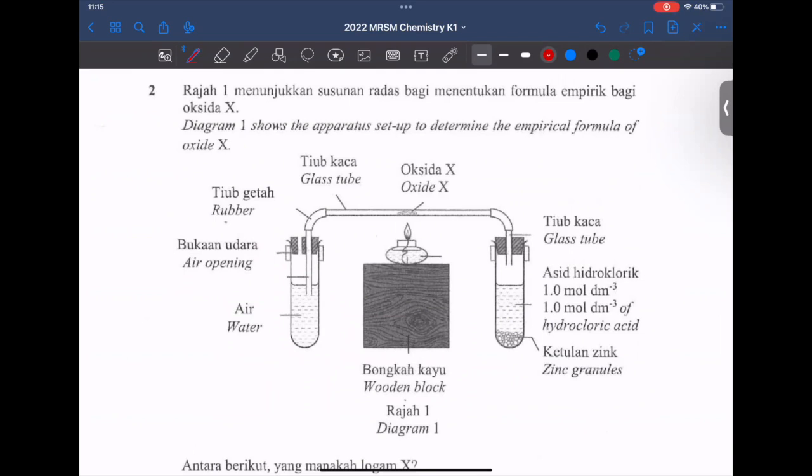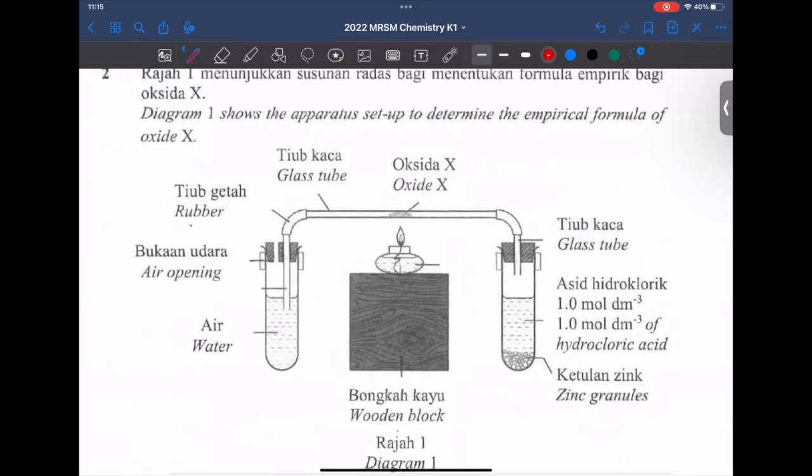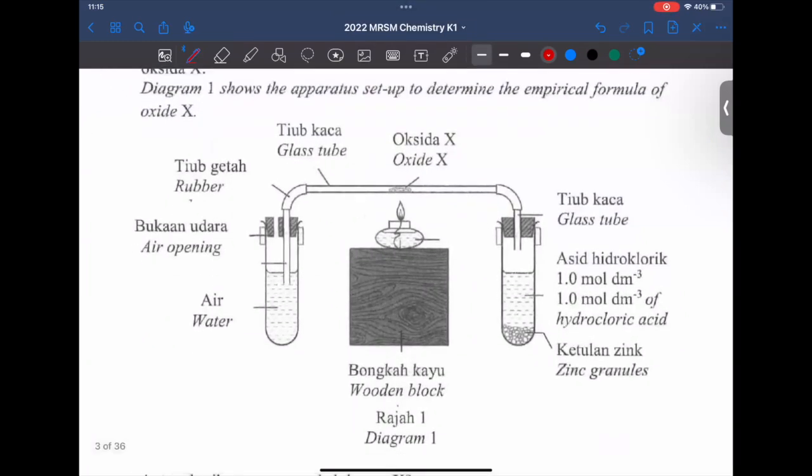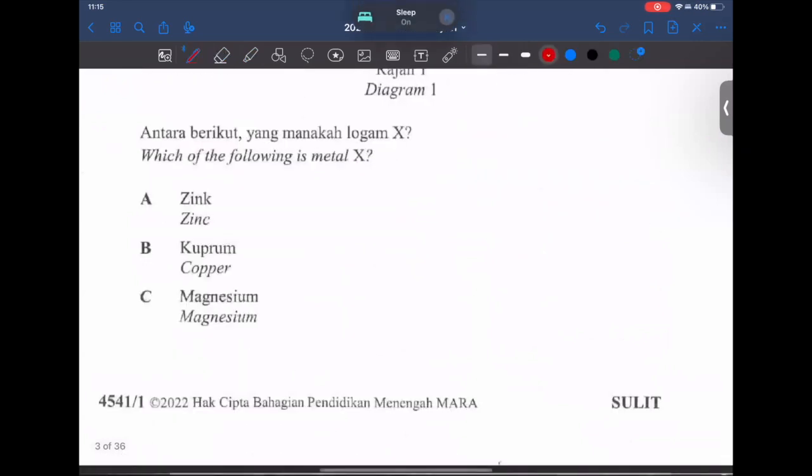So hydrogen must be more reactive than the metal in oxide X, which means the metal must be less reactive than hydrogen. According to the reactivity series, copper is lower than hydrogen. So copper is the one that can be reduced by hydrogen.